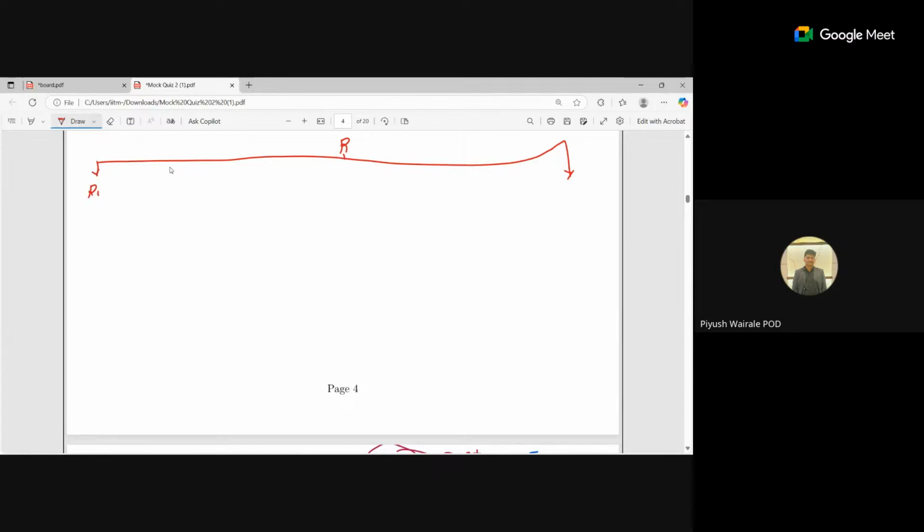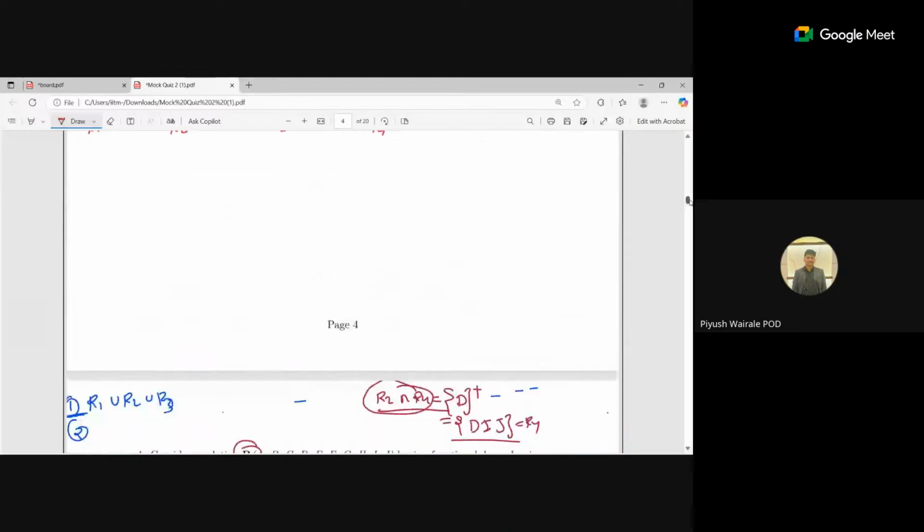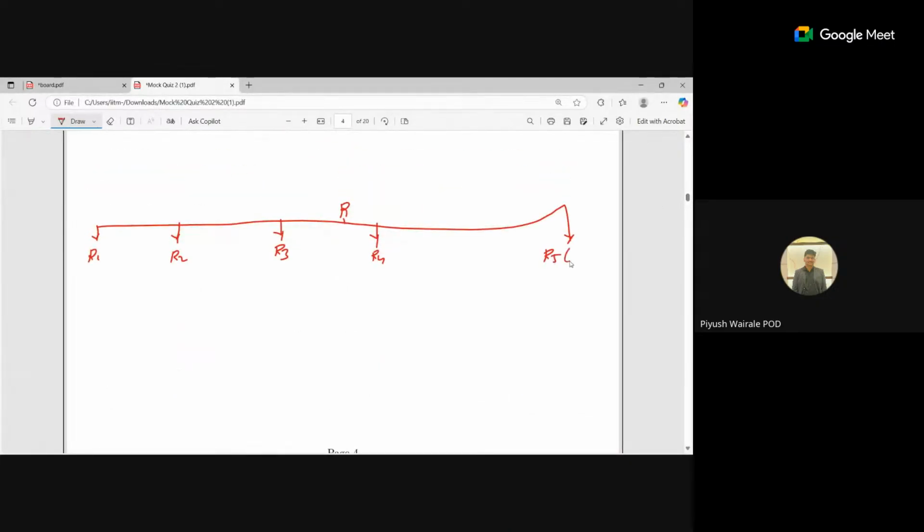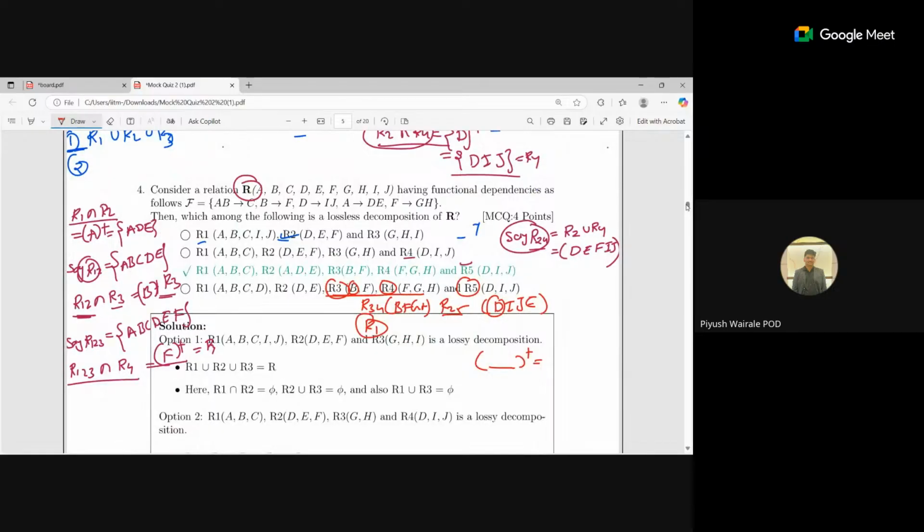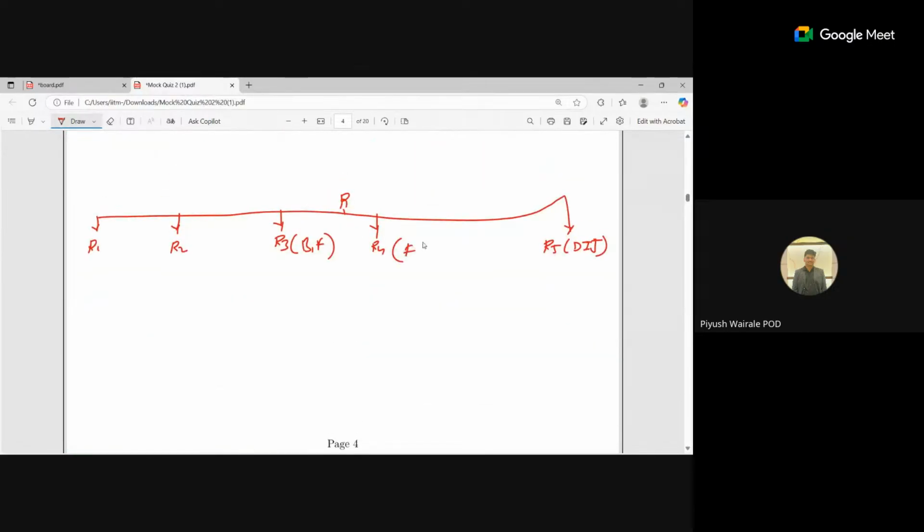First, write down all the decomposed relations and their applicable functional dependencies, right? So R4, and then we have, how many do we have? R5. R5, it's DIJ. Here is basically D comma F. Here is basically FGH.